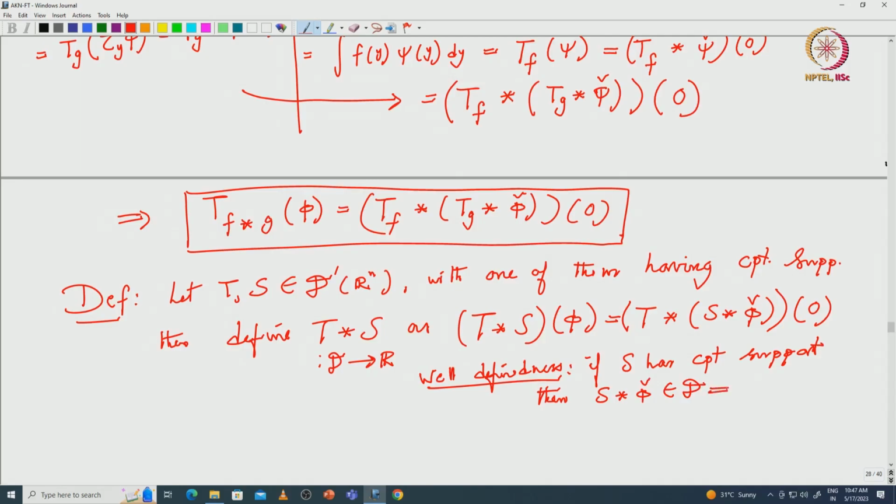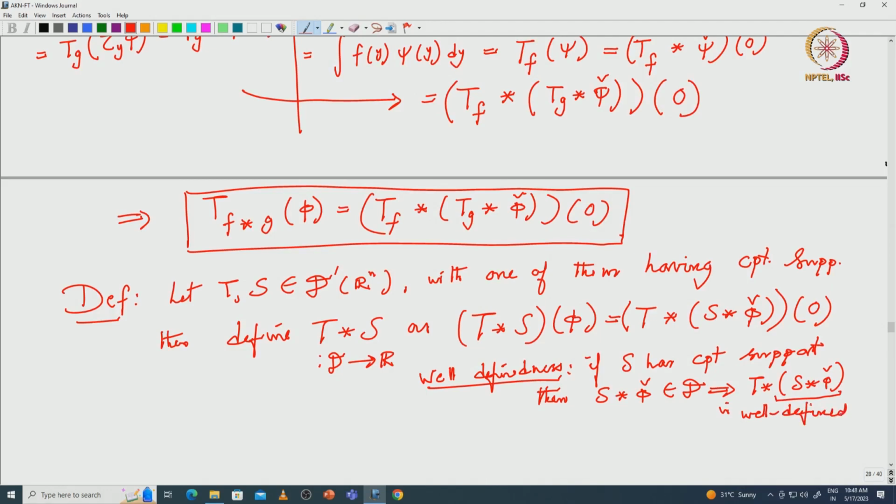That implies T star S at phi is T acting on S star phi tilde. You see, a convolution with a D function is well defined. You do not need the compact support to be well defined.